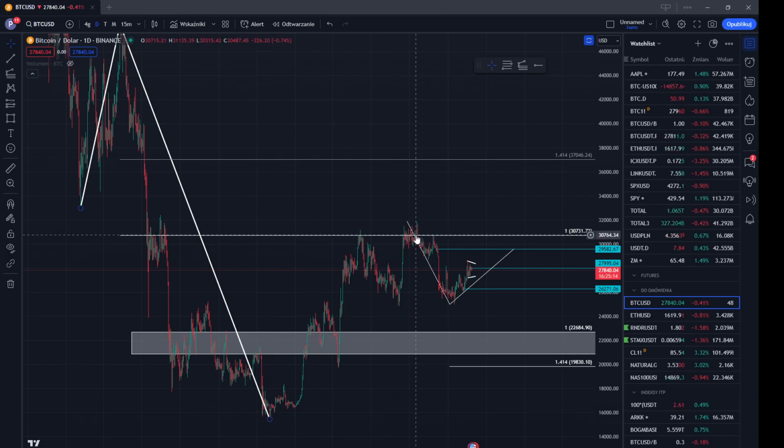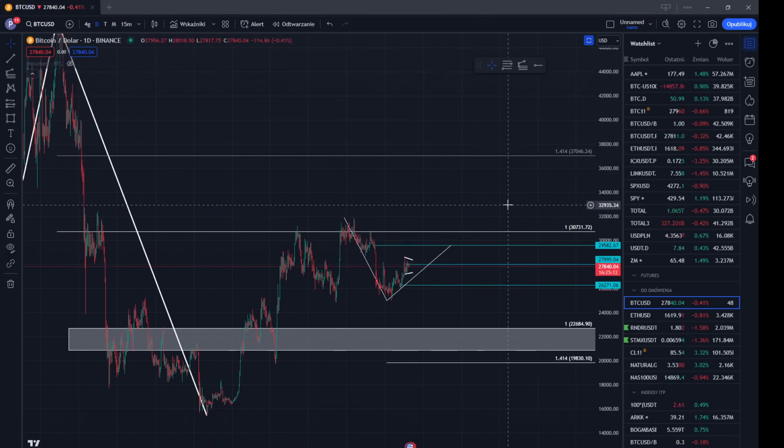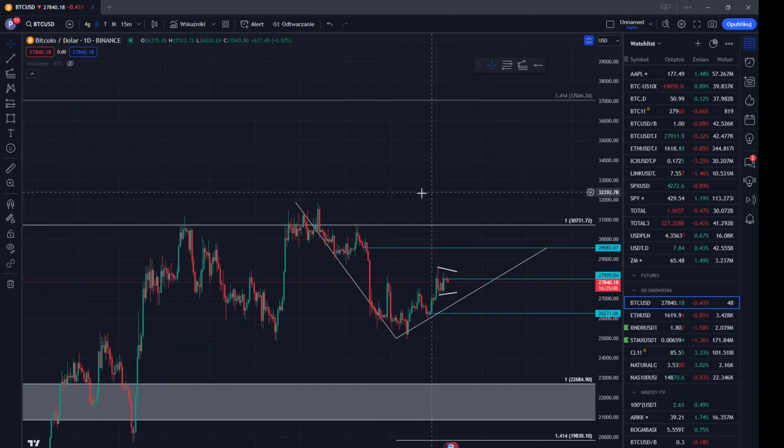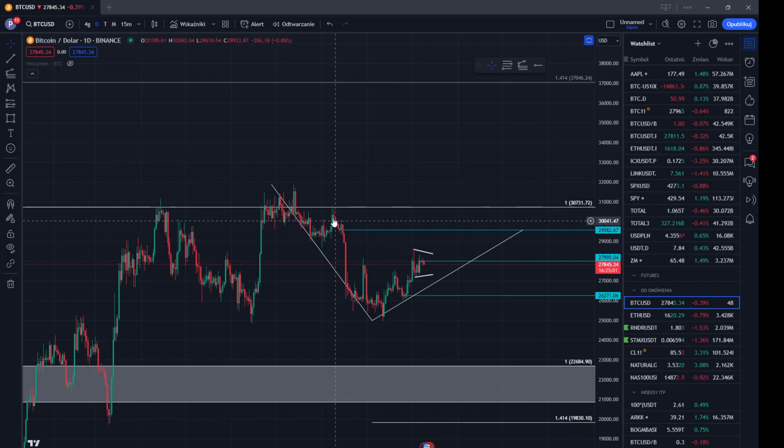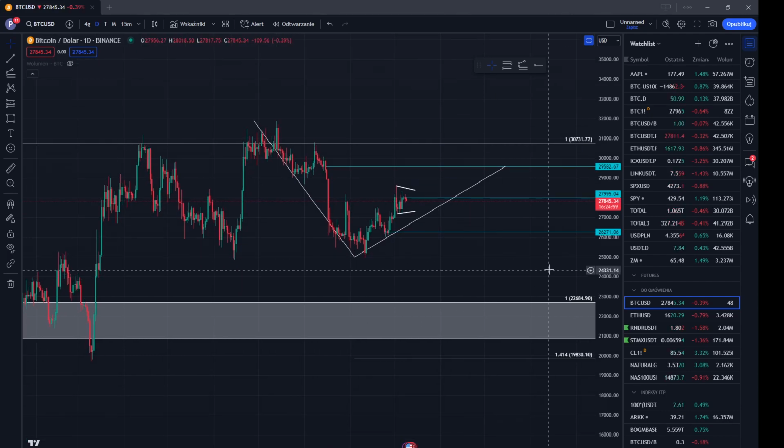The extension is roughly 30,700, which was our resistance. So you see it was tapped once, then tapped twice, then it got rejected, retested, and then going down.